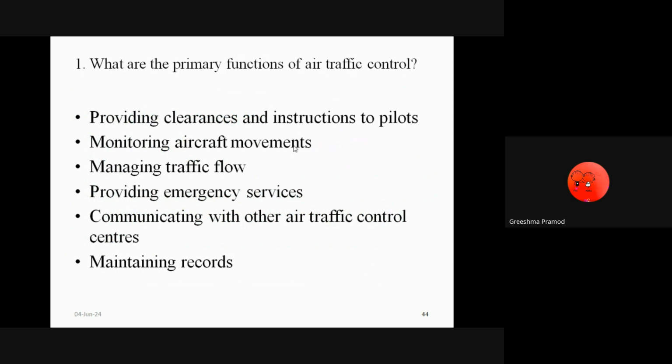Air traffic control provides clearances and instructions to pilots. Since we study the component parts, that can be asked. It monitors aircraft movement, manages traffic flow, provides emergency services, communicates with other air traffic control centers, and also maintains records. These are the primary functions of air traffic control.